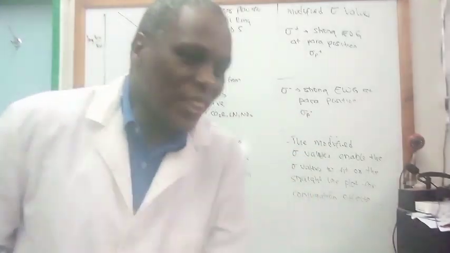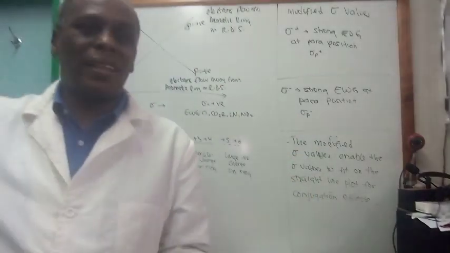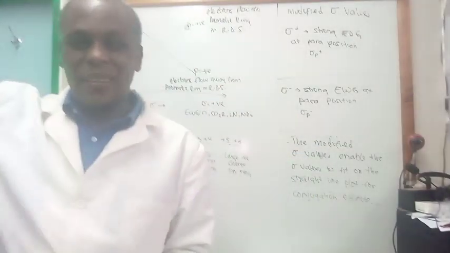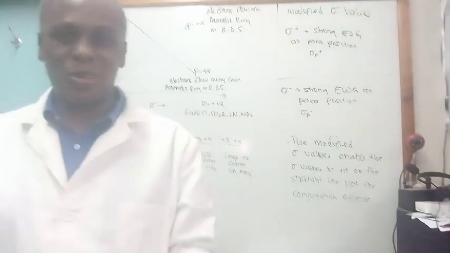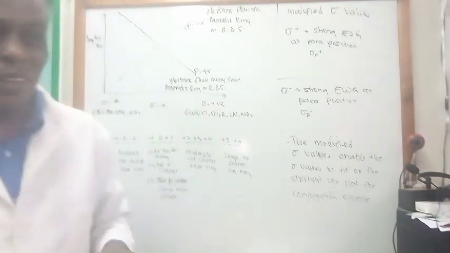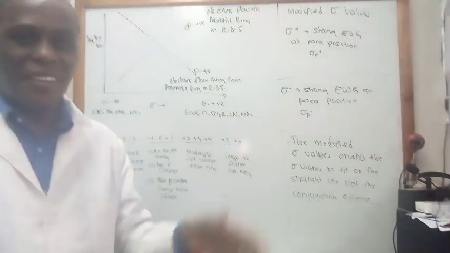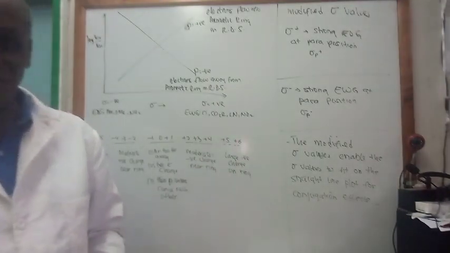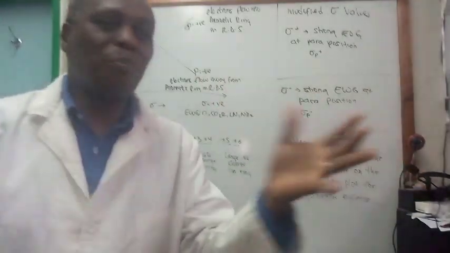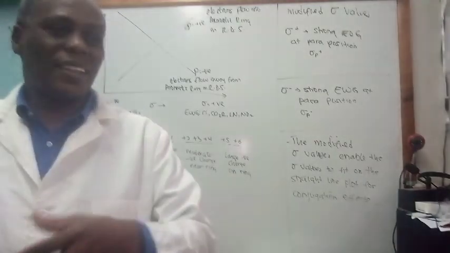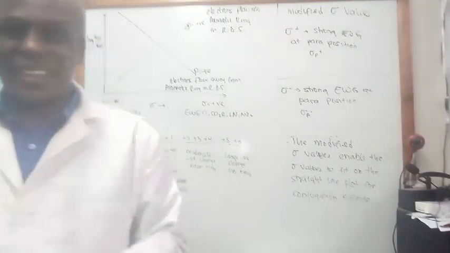And if the rho is negative, then there's a building up of positive charge in the transition state of the rate determining step. So you just need to know that: negative rho, building up of positive charge; positive rho, building up of negative charge in the transition state of the rate determining step.